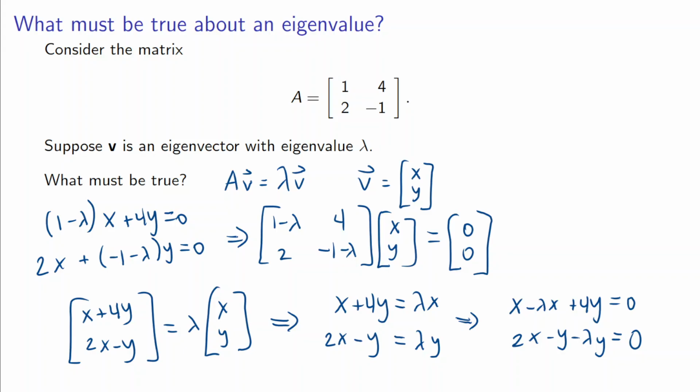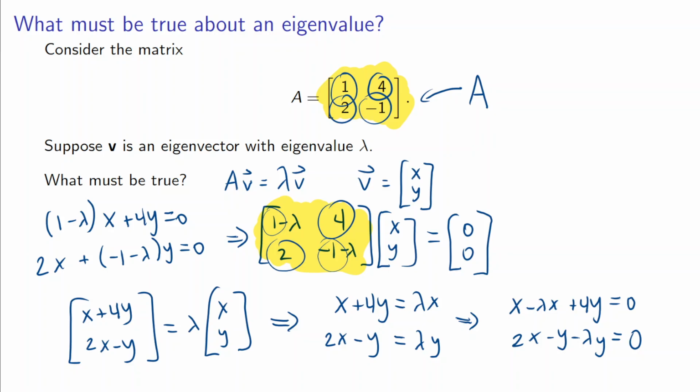So let's actually explore this matrix a little bit further. What you might notice is that it is similar to our original matrix A. In fact, the 4 and the 2 are still there in their same positions. And we've also got the 1 and the minus 1, but we are subtracting lambda from each of those terms. So we are taking our original matrix A and subtracting lambda from the diagonal.